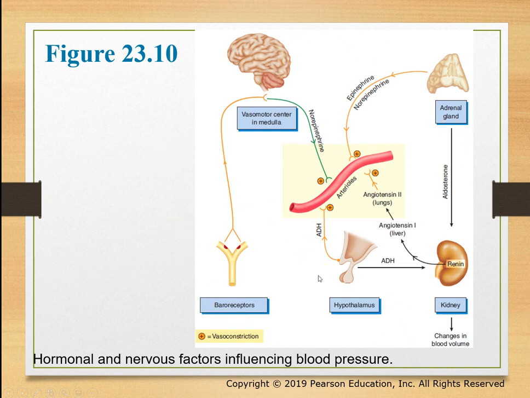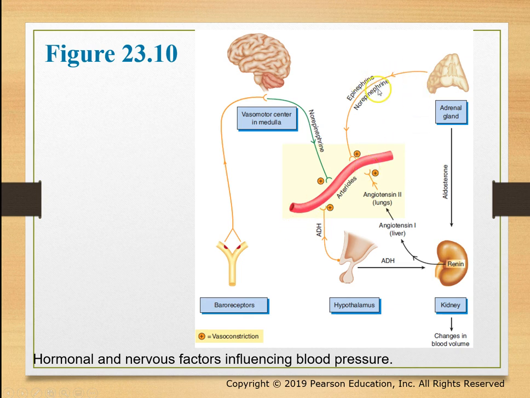I kind of said you don't need to know every single detail, like angiotensin 1 being released from the liver and then angiotensin 2 from the lungs, that sort of detail you don't need to know, but you should know that angiotensin 2 is going to lead to an increase in blood pressure. That release of norepinephrine from the brainstem is going to lead to an increase in blood pressure.